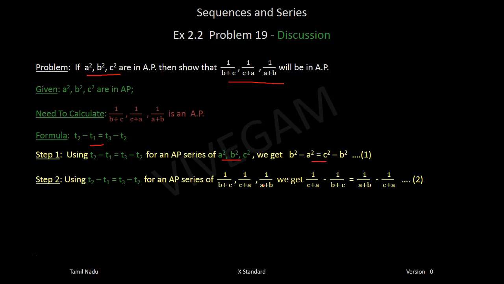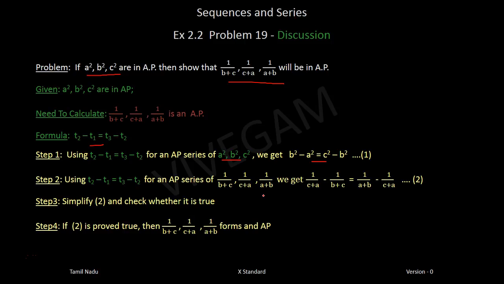This minus this will be equal to this minus this. That's what you have written here. Now you simplify this, take LCM, simplify it. If you simplify, you will get this equation. If you get this equation, we know that this is true, then this is also true. This is true, then these three terms are in AP. Okay. So that's what is told in step 3 and step 4.